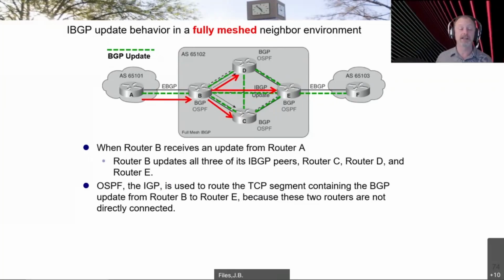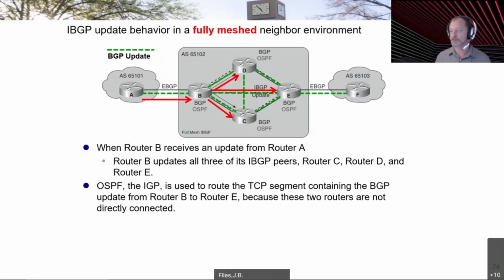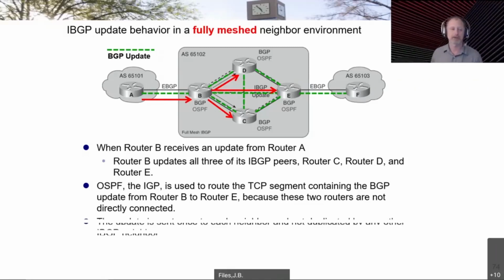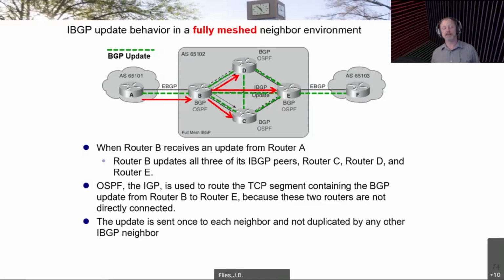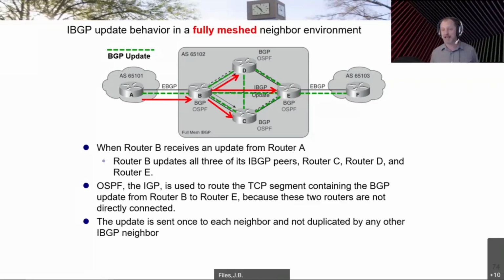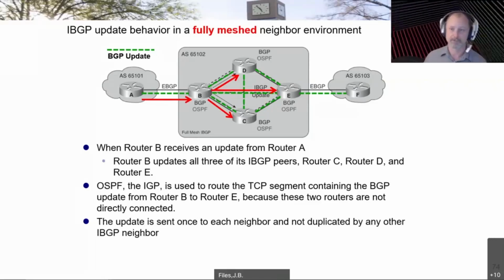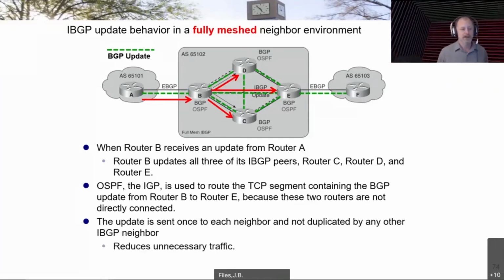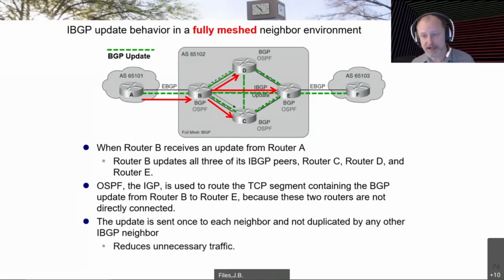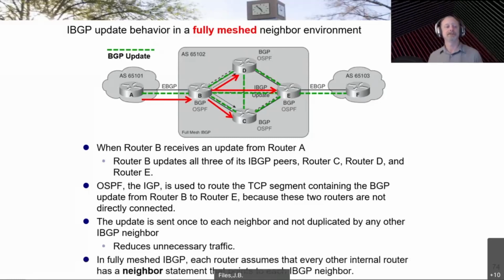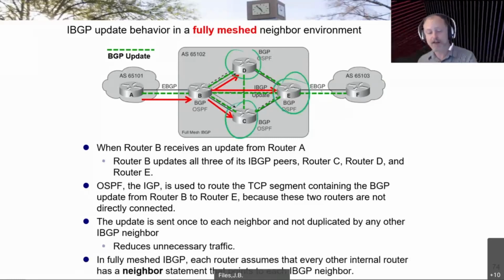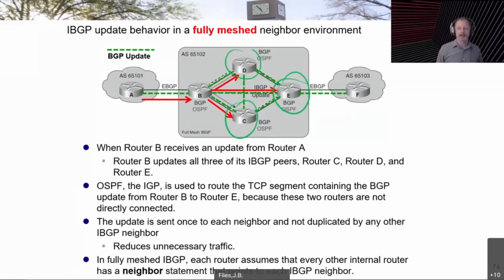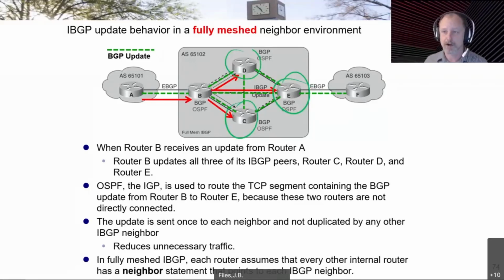They're not physically fully meshed. And of course, these iBGP updates are not propagated again via iBGP. So this is going to reduce unnecessary traffic. All of these other routers are assuming all the others are fully meshed. That's the assumption.